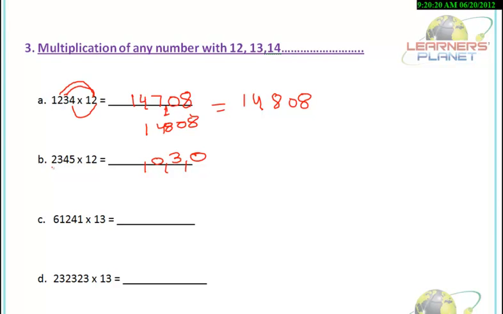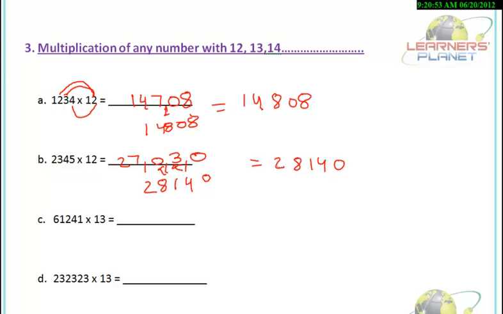Then 2 2s are 4 plus 3, 7. Then 2 as it is. Now the next step, 0, 4, we are going to add them, then 1, then 8, then 2. So 2345 into 12 will give us the answer as 28140. It's very simple, friends.